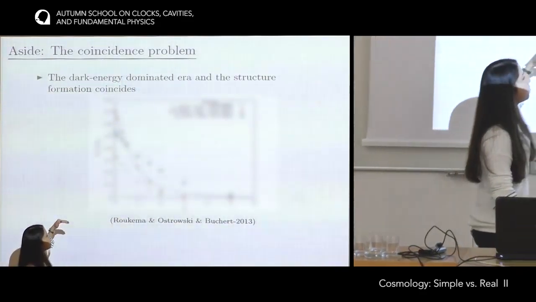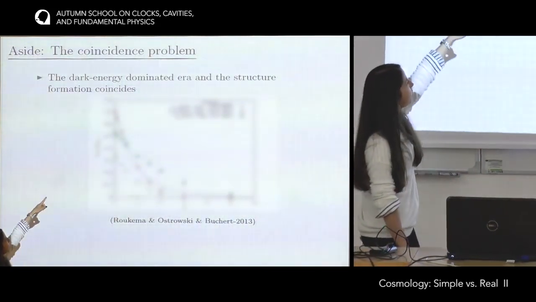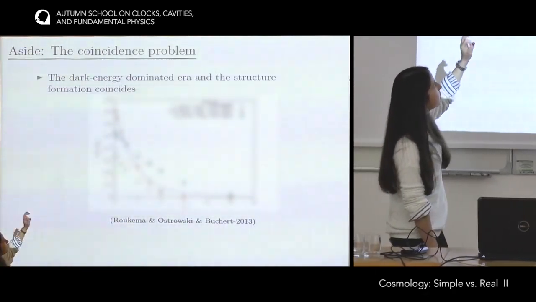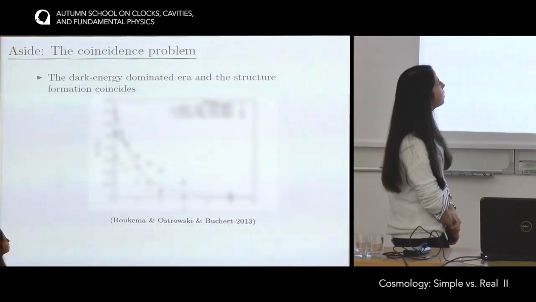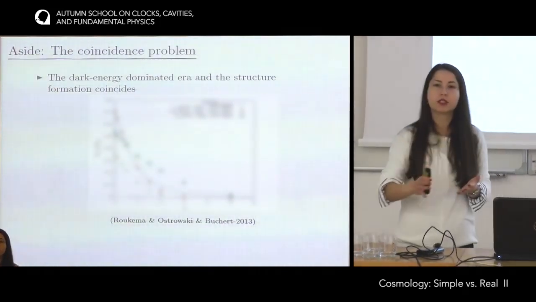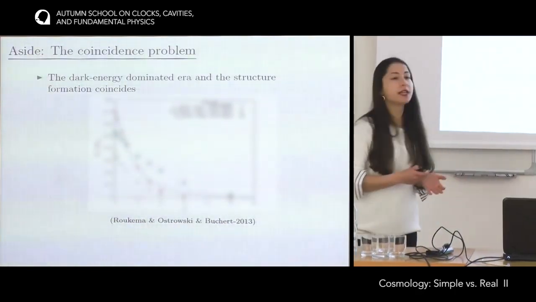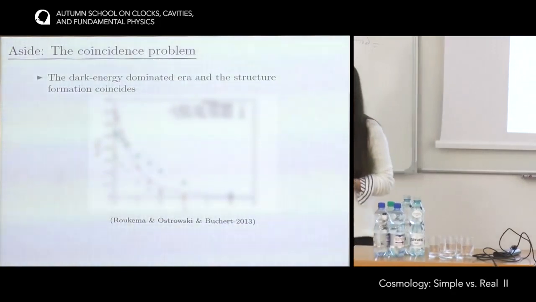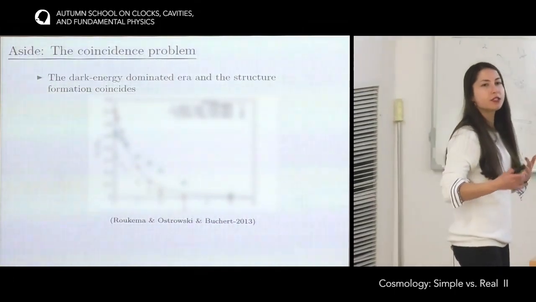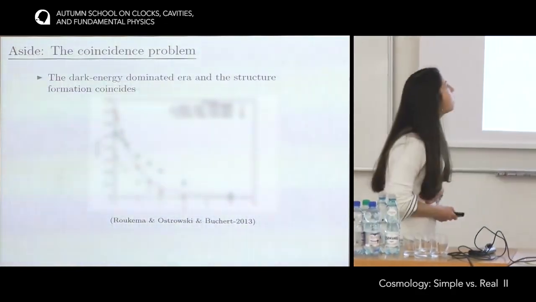The horizontal axis is the redshift. You see that the blue line is the omega of the cosmological constant, and the dots or crosses give you the realization factor for different simulations. You see that there's a correlation between the dominance of the dark energy and the realization of structures. So it was one of the claims that it was the realization of structures at late times that led to this apparent accelerated expansion phenomenon.